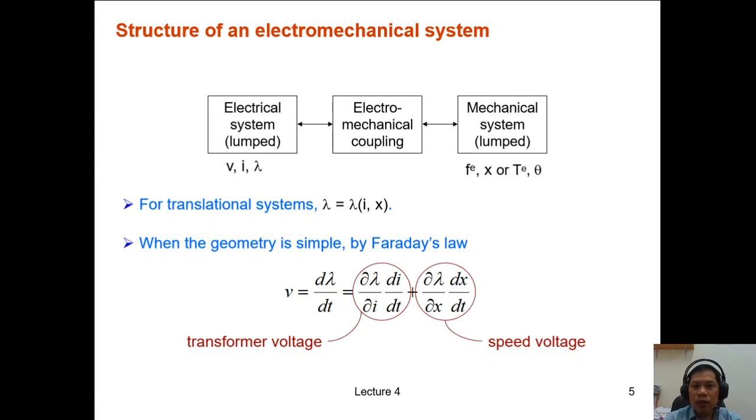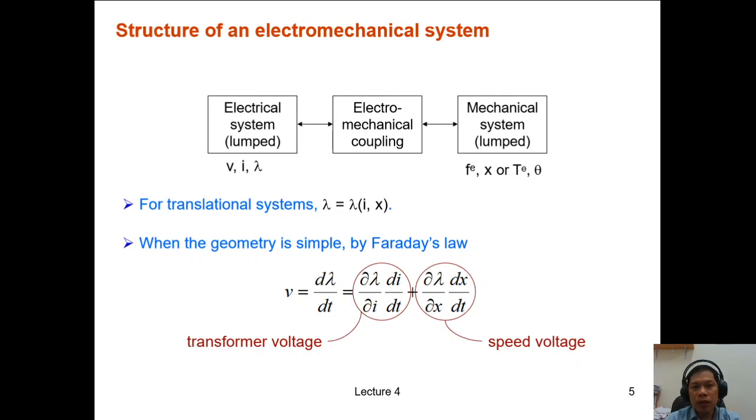In translational system, our moving part can move in one direction. It's not rotating, it just moves in a straight direction like this: left, right, or up, down. So we can say that the displacement is x. We will need a force to create that displacement x, and therefore the flux linkage is a function of the current and the mechanical displacement.